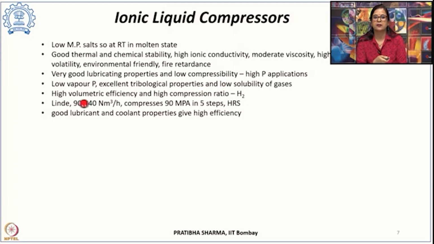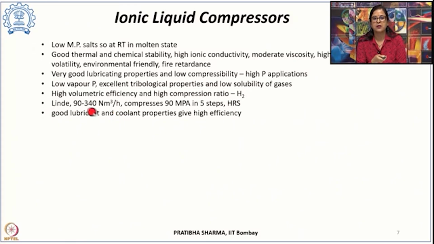So these compressors are highly volumetrically efficient, and they can provide high compression ratios when considered for hydrogen compression. The company which produces the ionic liquid compressor is the well known Linde company, and they have supplied compressors which could compress hydrogen in 5 steps, a smaller number of steps with fewer moving components, which could supply hydrogen at a pressure of 90 MPa at a flow rate of 90 to 340 normal meter cube per hour.